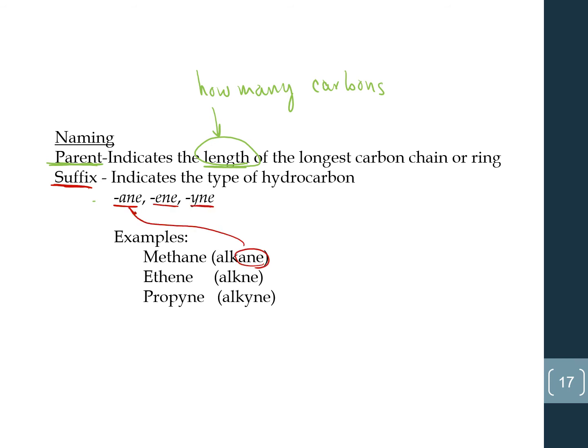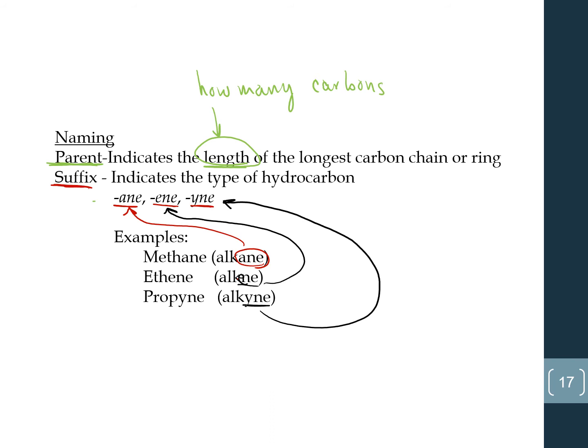A and E for alkane. I'm missing an E right here. That will be alkene. And then Y and E for your alkynes. So that's kind of a summary.